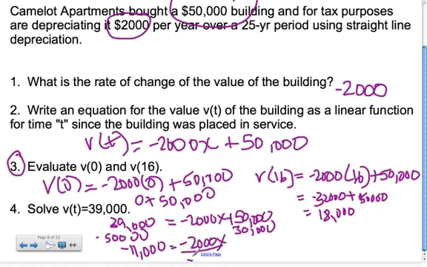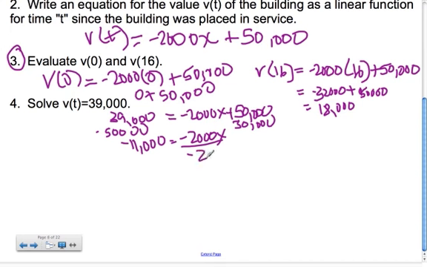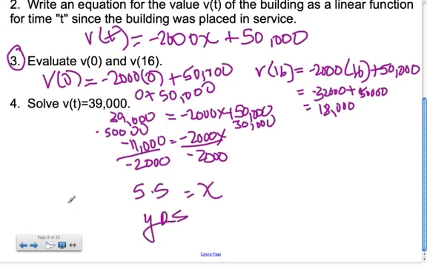And I'm going to divide both sides by negative 2,000, and I get t to be 5.5 years. So if they tell you how much the building is worth, you can actually figure out how many years it's been since you've owned it.